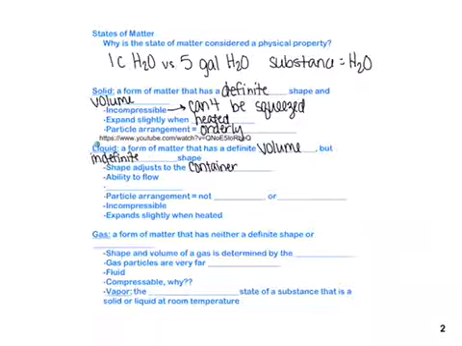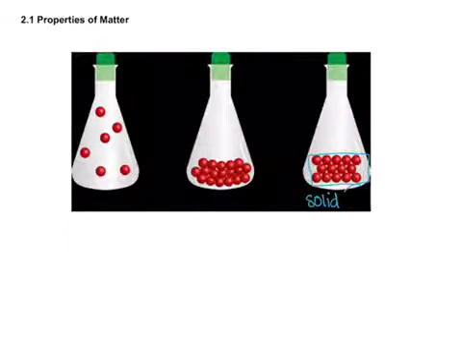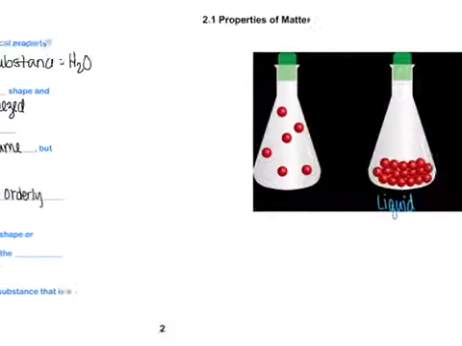This is because liquid particles have the ability to flow, which is referred to as being fluid. The particle arrangement is not rigid, meaning it has the ability to move, and it's not orderly. Again, it's incompressible and will also expand when it gets heated. So looking at the next slide, we have liquid particles being represented here. Notice how they are less ordered or less structured than the solid particles to the right of them.